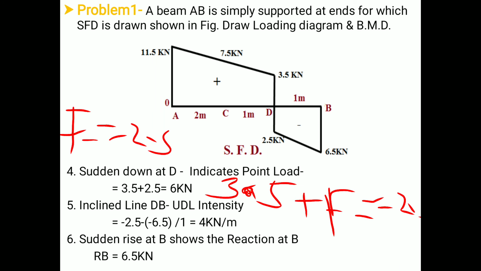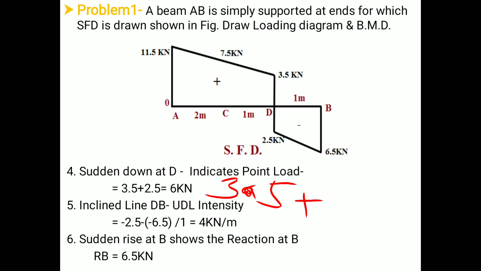Minus 6 indicates that the point load is acting in the downward direction. So we have an external point load at point D, acting downward.